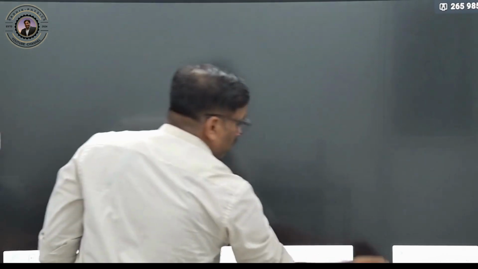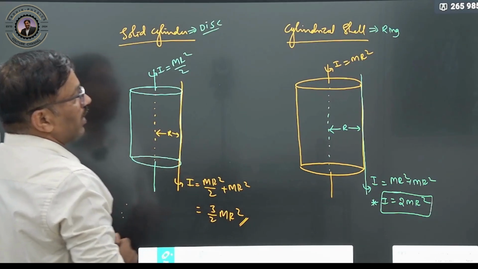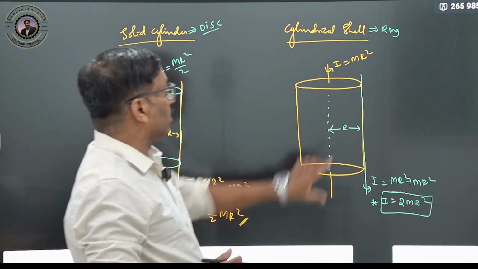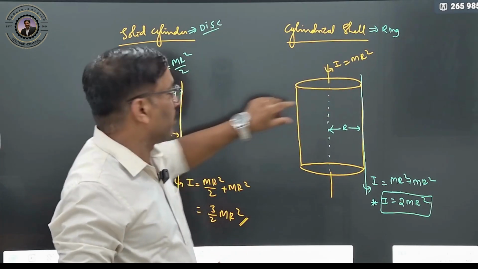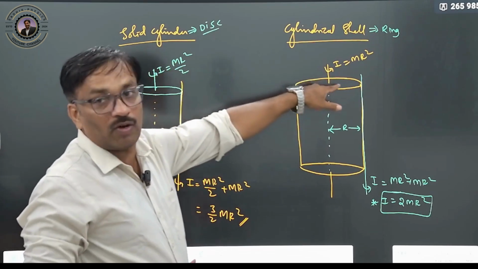One more important thing here. Can you tell me which one will have more moment of inertia if the masses and radius are the same? Cylindrical shell means it is a hollow part, and the other is a solid part. Solid part is MR square by 2, hollow part is MR square.